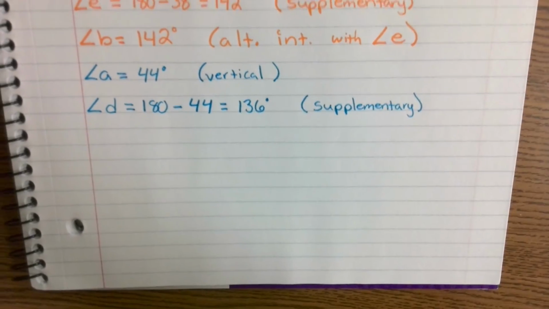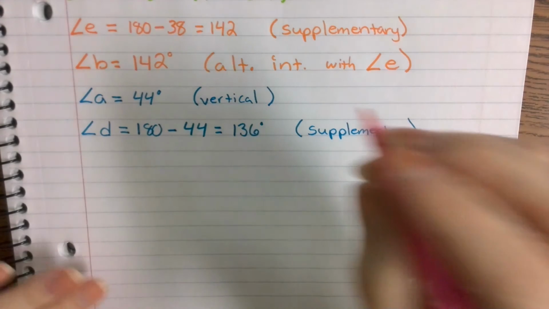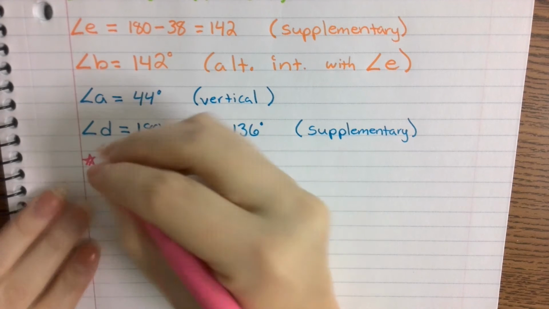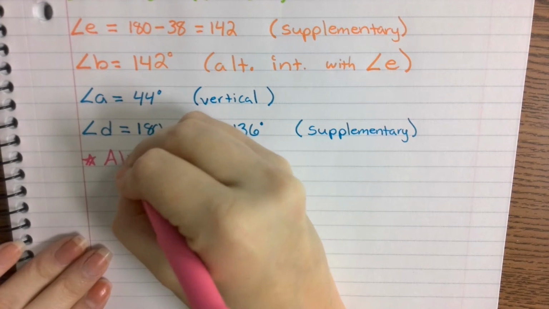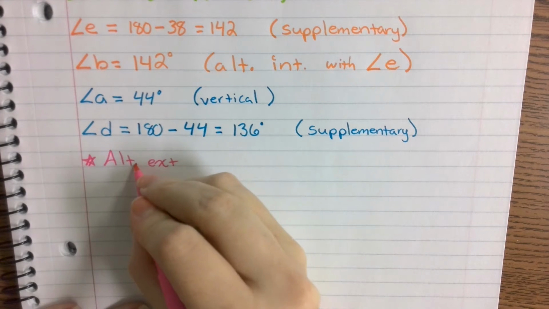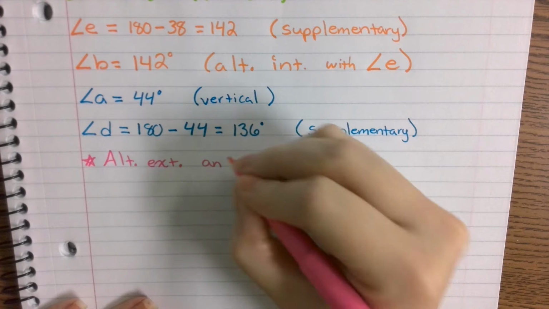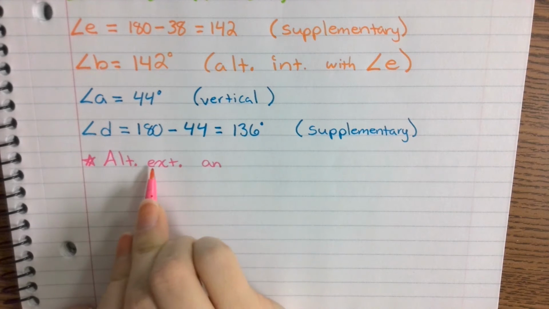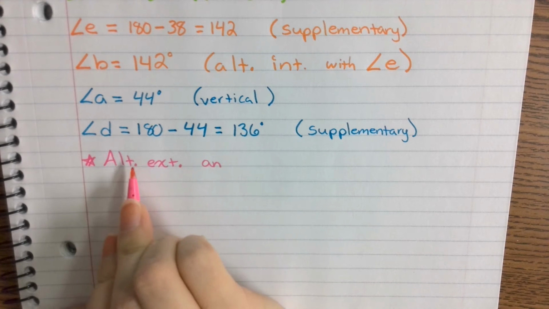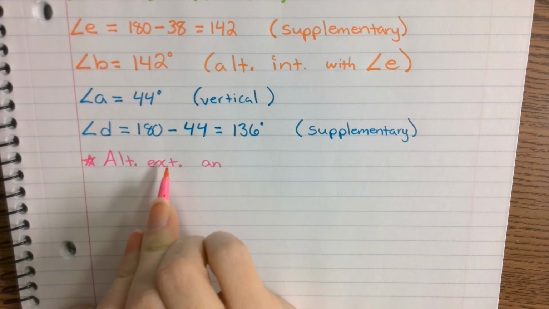Down here at the bottom, just some key reminders about these transversal relationships. Ones that you already know are that alternate exterior, and I'm just going to abbreviate alt ext, alternate exterior. So ALT is alternate, EXT is exterior.